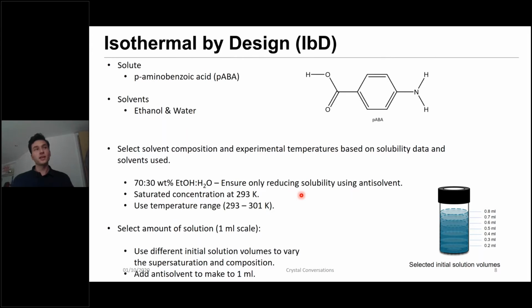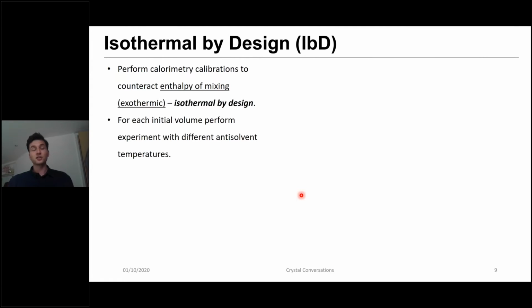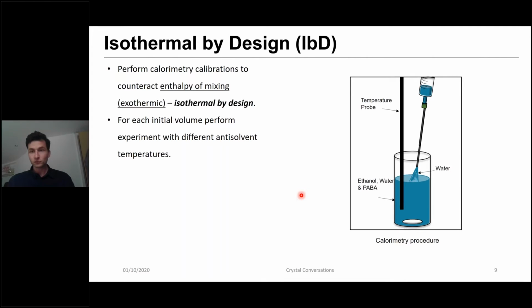Now, one thing that isn't taken into account all that often when doing anti-solvent crystallizations is that when you mix an anti-solvent into a solution, you get an enthalpy of mixing. So in my isothermal by design method, what I'm going to introduce is calorimetric calibrations to counteract this enthalpy of mixing. And this is where the isothermal by design concept comes in. For each initial solution volume, I added the anti-solvent in at different temperatures.